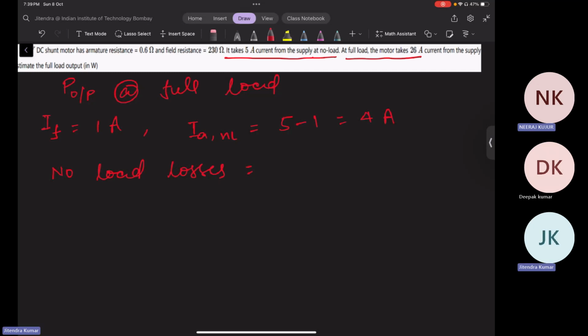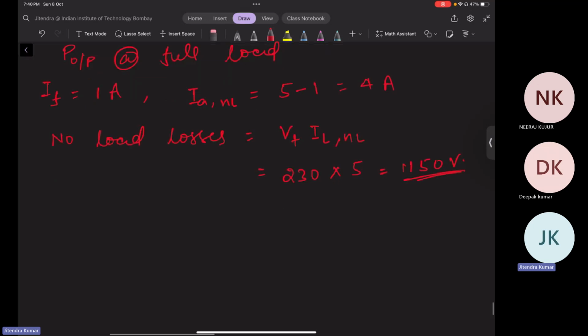At no load, terminal voltage into line current. Whatever you are feeding into the motor, all of it is going into losses because you are not applying any load. So VT into IL no load. VT is 230 volt, into IL no load is 5 amps. So it will be 230 into 5, 1150 watt.